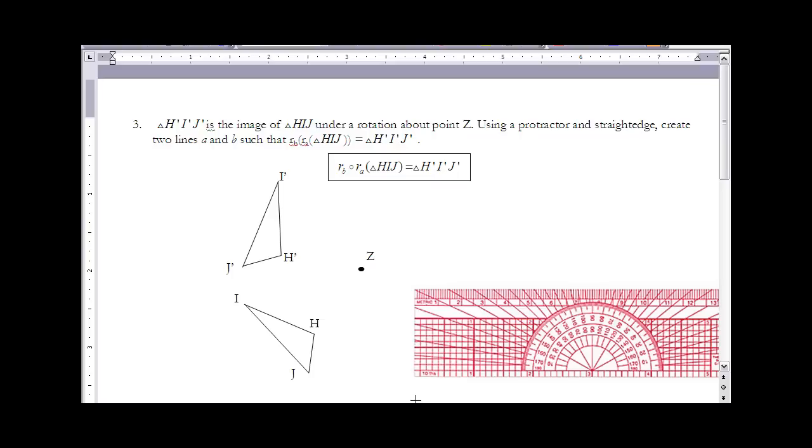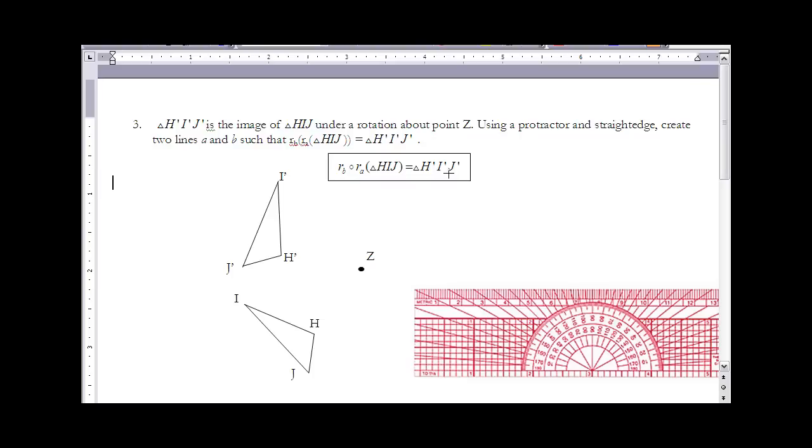Well, first I'm going to remember that this is the same as writing it like this: the reflection over B following the reflection over A of HIJ is its image. If I'm going to draw in those lines, I have to first figure out those three pieces of information that I'm looking for.